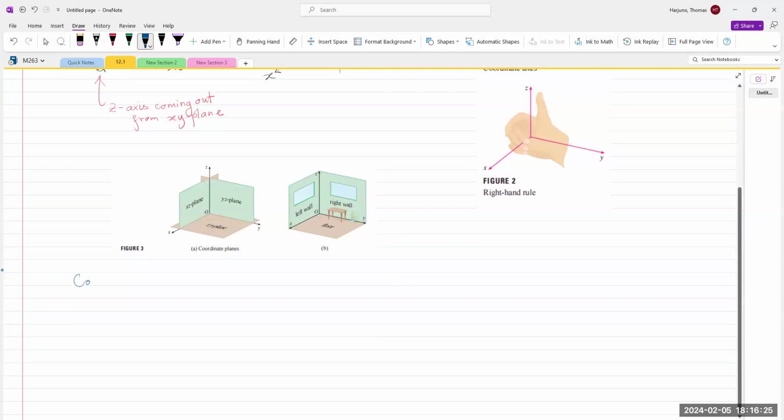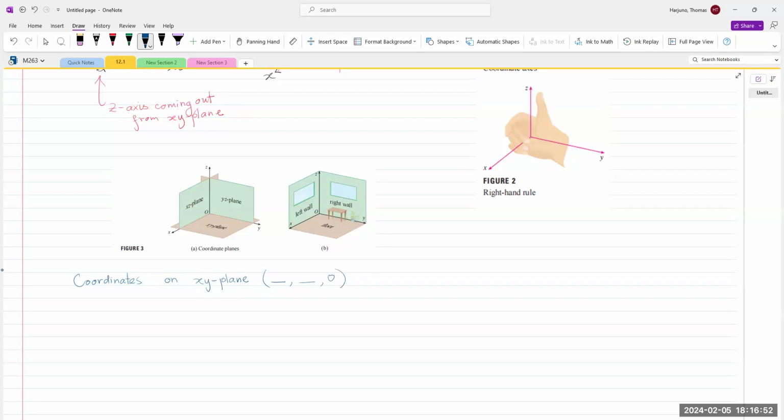Okay? Now, next, about coordinates. Coordinates on the XY plane must have the Z component equal to 0.